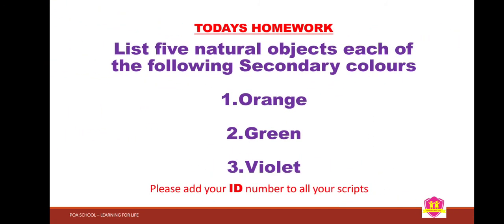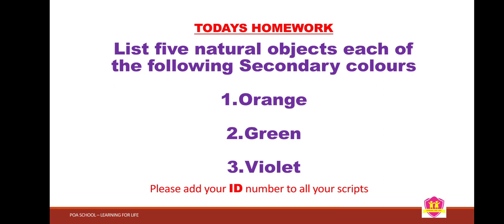Today's homework. List 5 natural objects for each of the following secondary colors: orange, green, and violet. What we did with our primary colors, we are doing the same with our secondary colors.